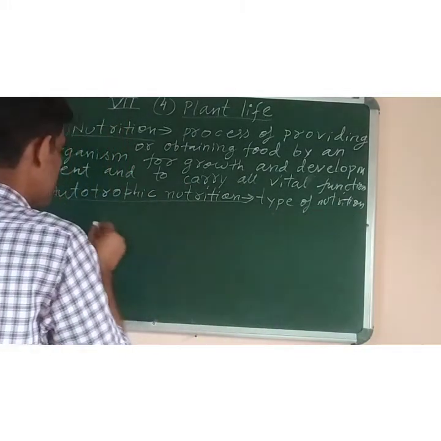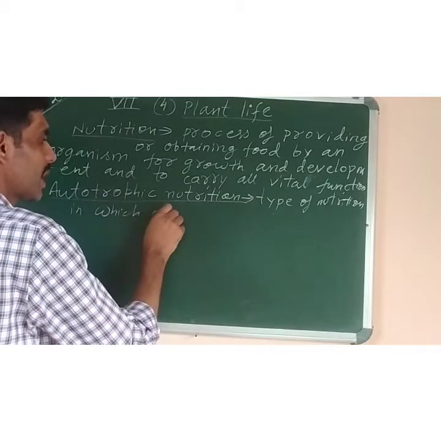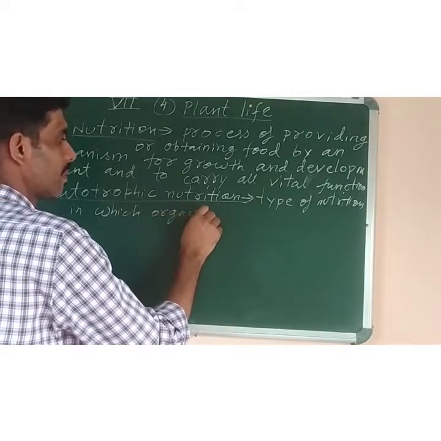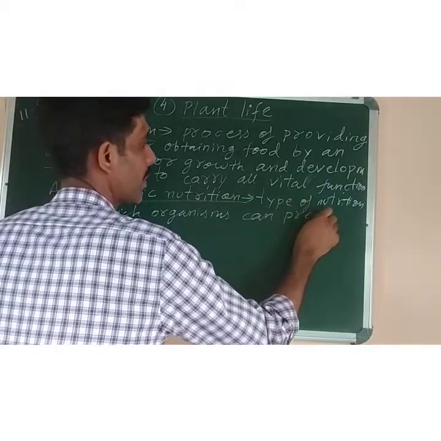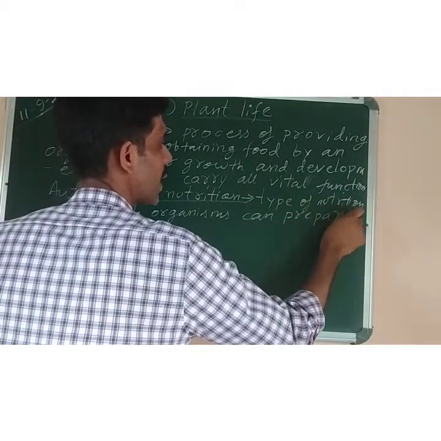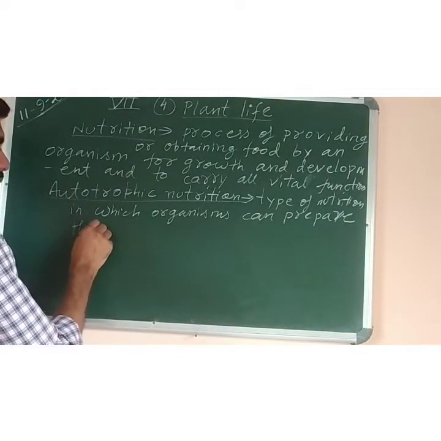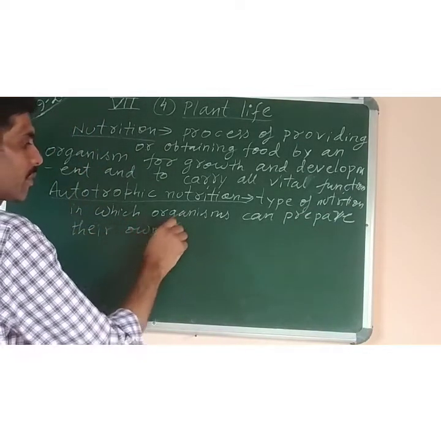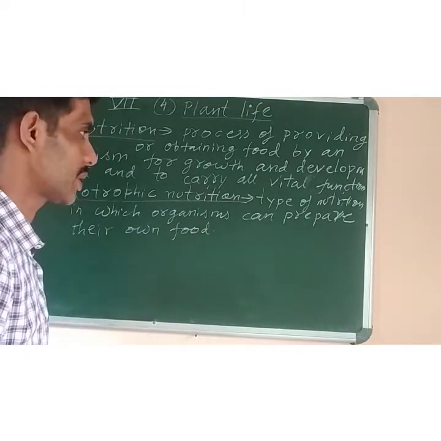So a type of nutrition in which organisms can prepare their own food. And who can prepare their own food? It is the green plants and some bacteria that can prepare their own food, and this is called autotrophic nutrition.